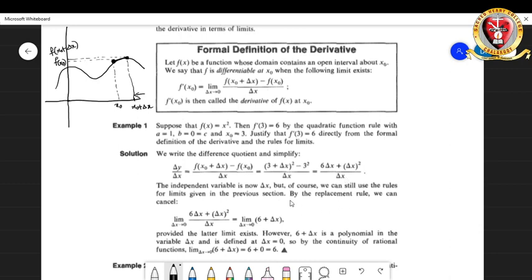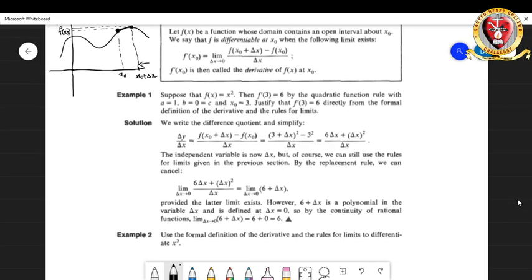And by the replacement rule of the limits which we had discussed earlier in the earlier sections, you have limit delta x tends to 0, 6 delta x plus delta x the whole square divided by delta x. You cancel out the delta x from that. How?